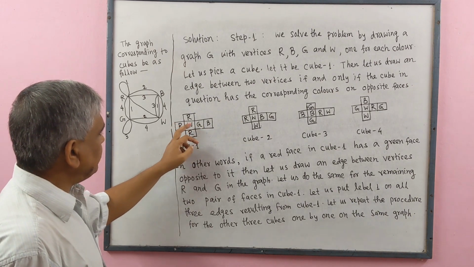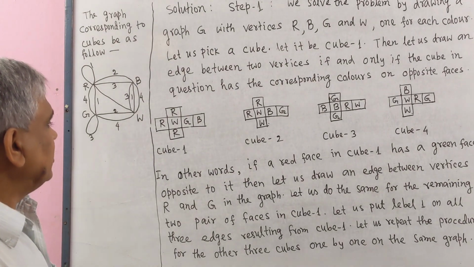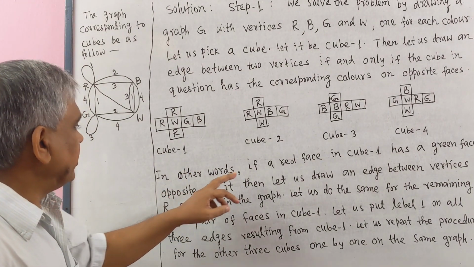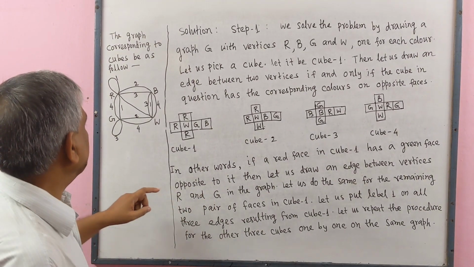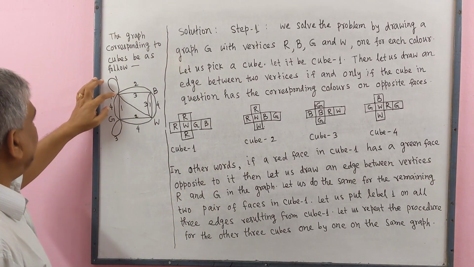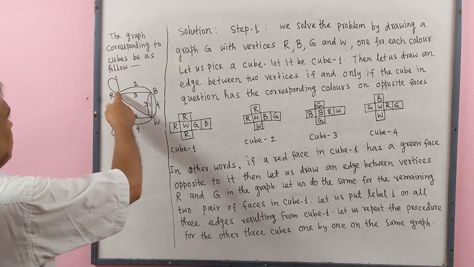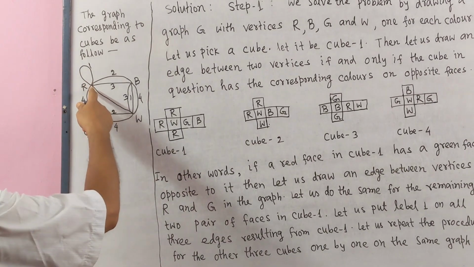These two faces are opposite faces. Then let us draw an edge between vertices R and G. Here, between R and G, we draw an edge.